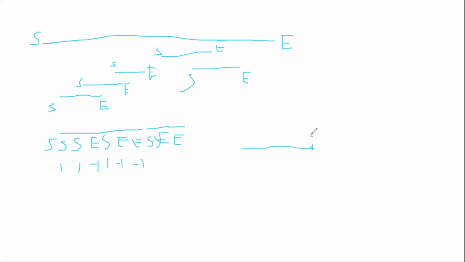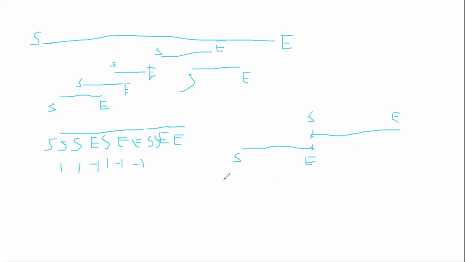Let's say there's another interval which starts at the same point and continues. So we give this start, end, start, end. So if two of them end or start at the same point, in other words, two intervals have just one common point.